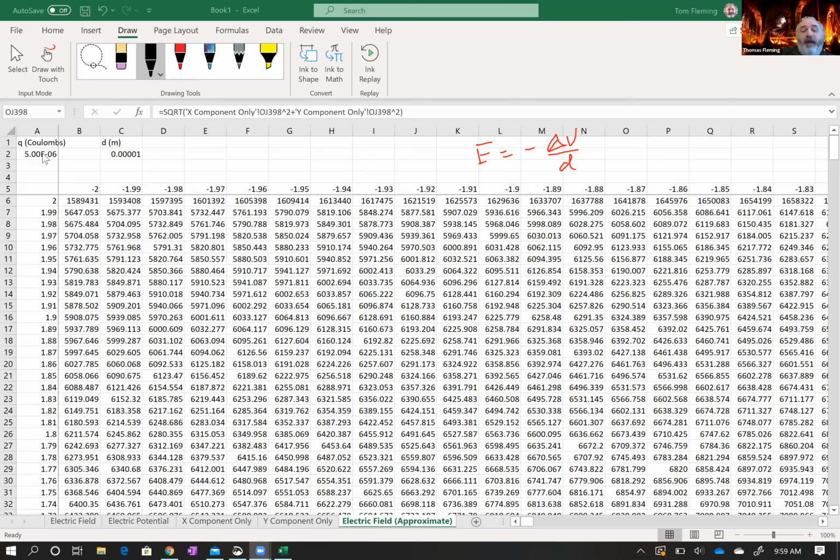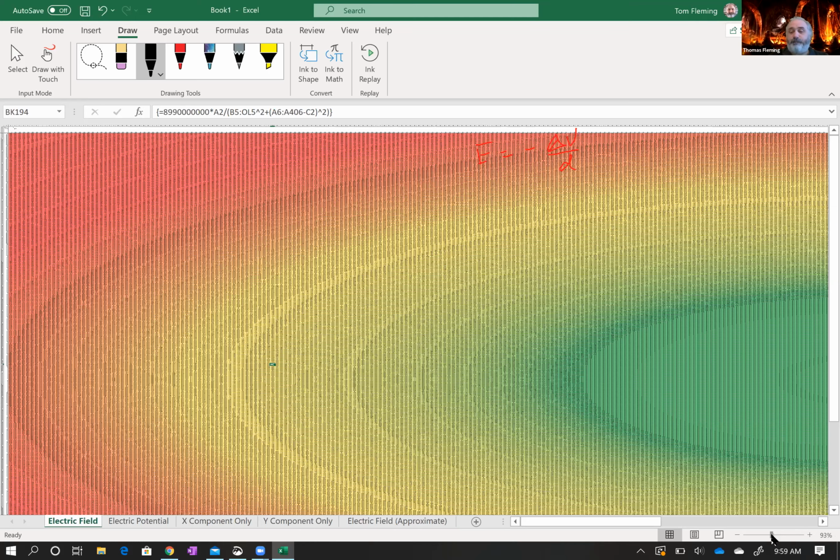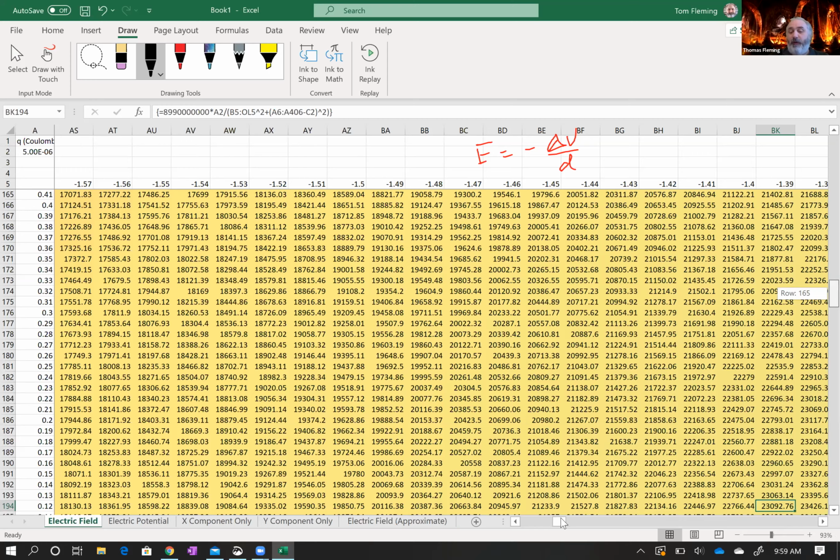Now, here in -2, +2, I get some crazy huge number. And if I look over here on my original electric field, I did some color coding to help me debug.